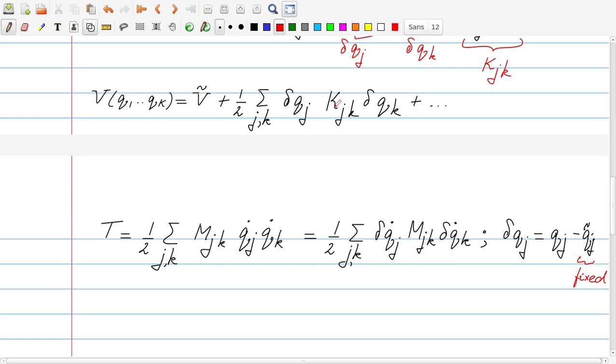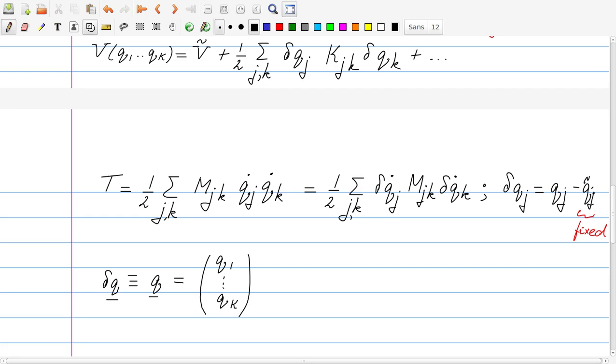This is the second derivative of the potential with respect to q_j and q_k, and M_jk is the second derivative of the kinetic energy with respect to q_j dot and q_k dot. So in order to simplify the notation, I will not keep using delta q, but I will just write it as q.